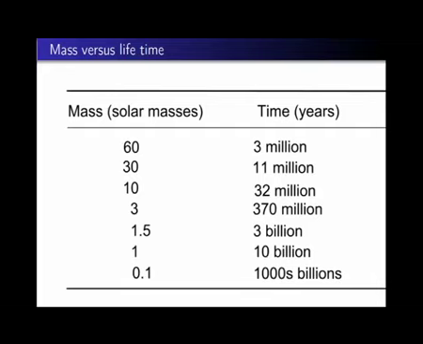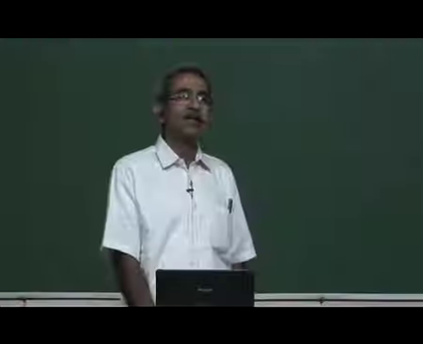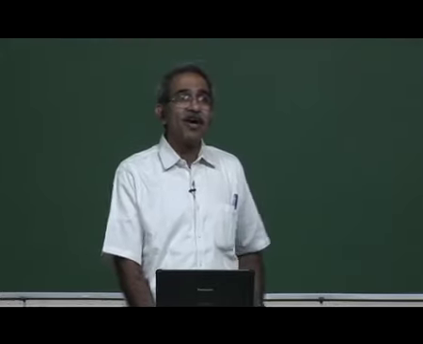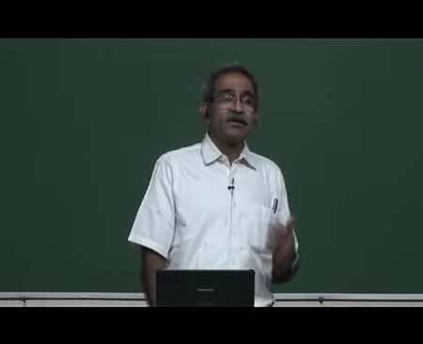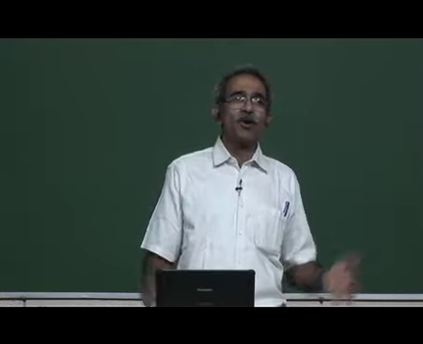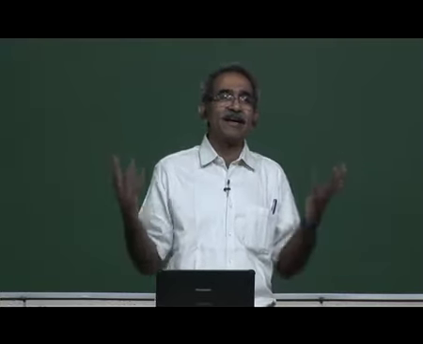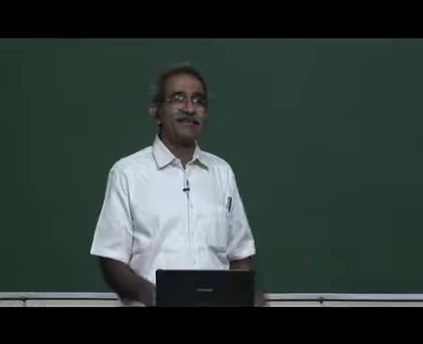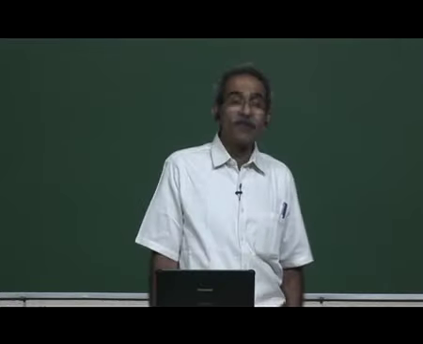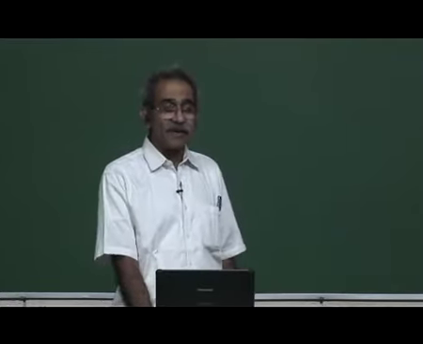By the time the mass of a star is something like 60 times the mass of the sun, it would live only for a few million years, 3 million years. Dinosaurs, I think, were there a few million years ago. So, this is an extraordinary thing, and this can be estimated simply by the amount of nuclei that are there, the rate at which they are burning, etc., simple kinetics. So, I would encourage all of you to see that.